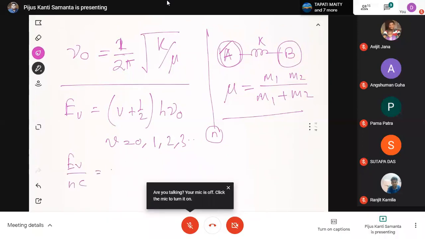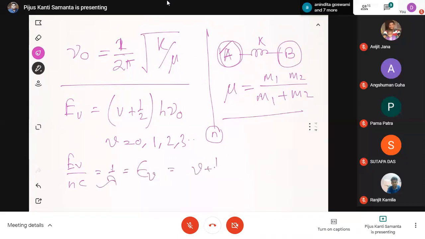That is, we can write that v, this will be v plus half, and since we divide by hc, this will be into mu 0 by c. Okay? So this is the v equal to this v plus half into mu 0 bar.